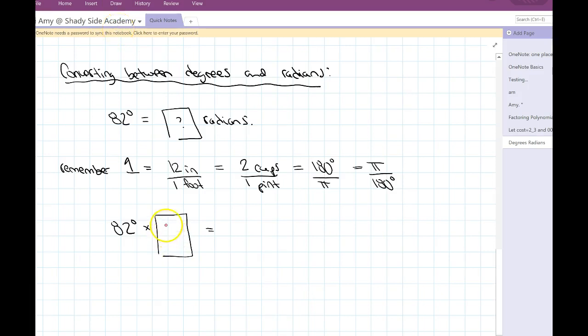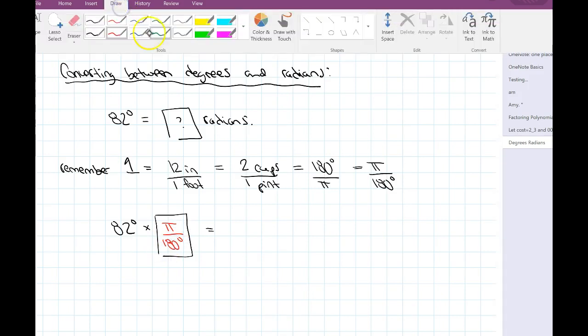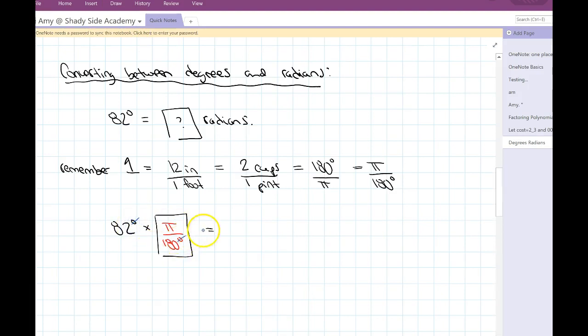If I multiply by pi radians over 180 degrees, the degree units cancel, and I'm left with 82 pi over 180 radians, which simplifies to 41 pi over 90 radians. So 41 pi over 90 radians is equal to 82 degrees. That's how we convert between degrees and radians.